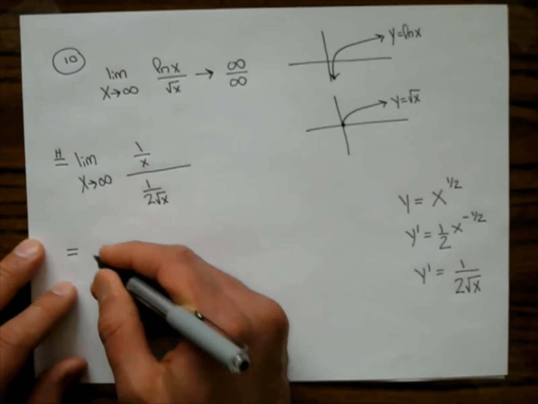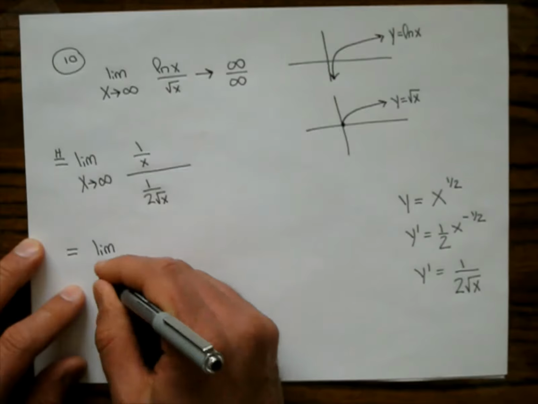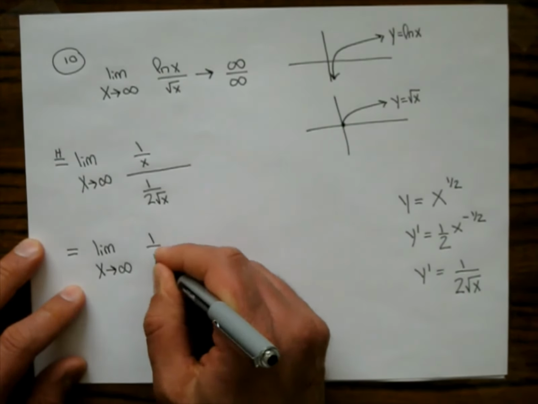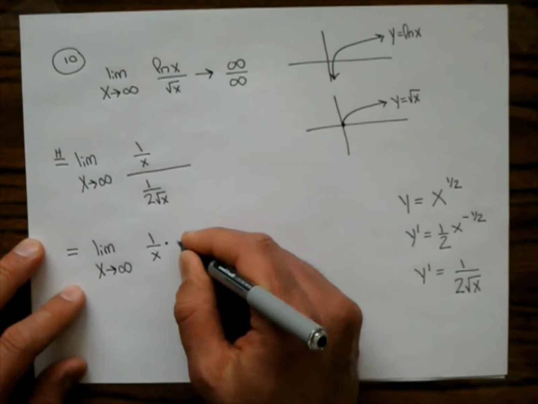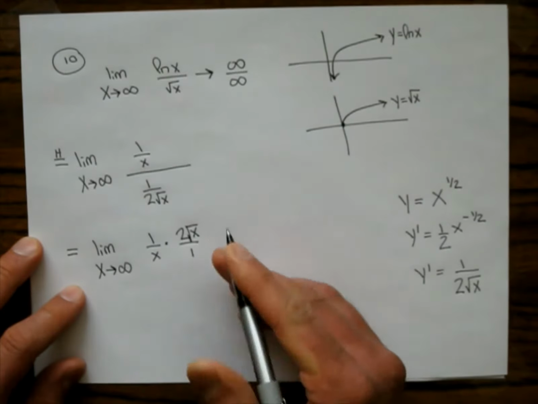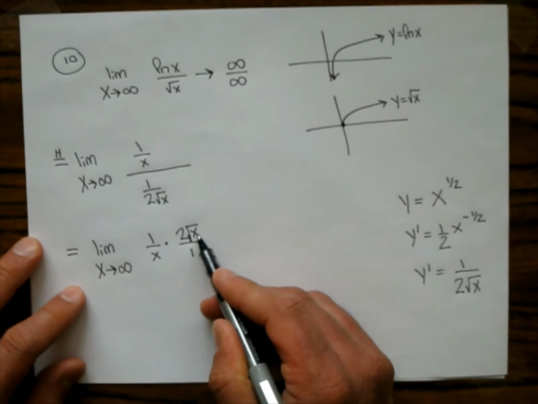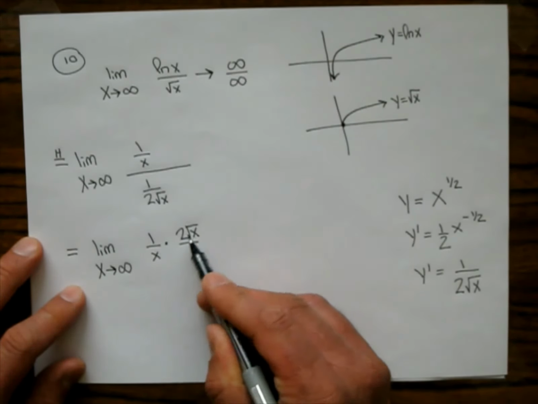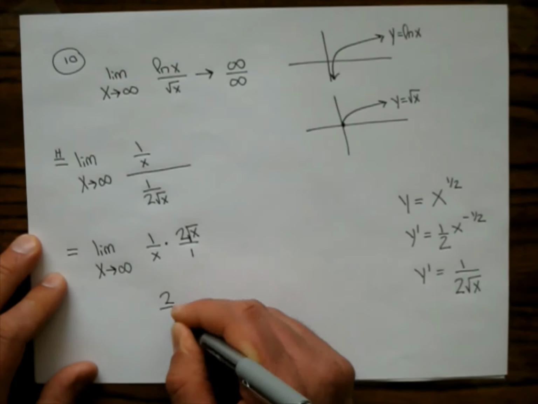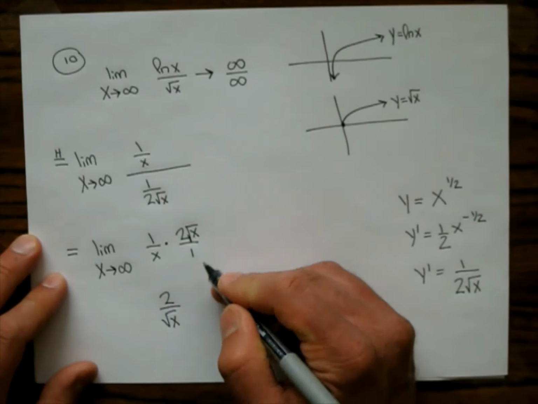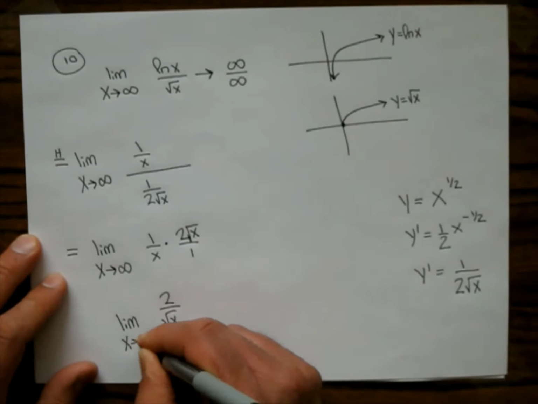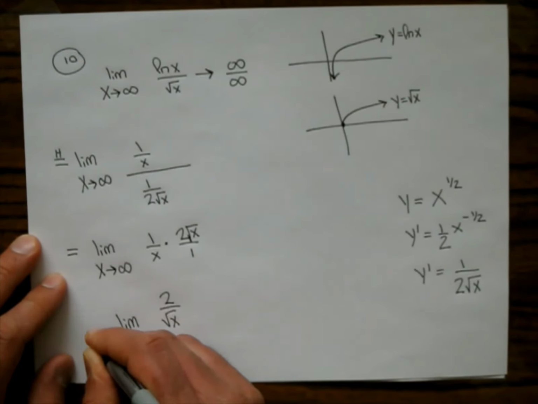So what do we have here? We have the limit as x approaches infinity. I'm going to do copy dot flip, copy dot flip. If I had written that as the 1/2 power, I would end up canceling that and getting something like 2 over the square root of x, or rationalize the numerator, but that is what we're getting.